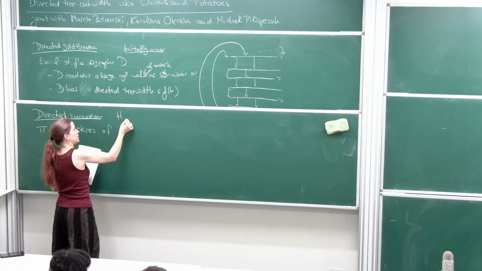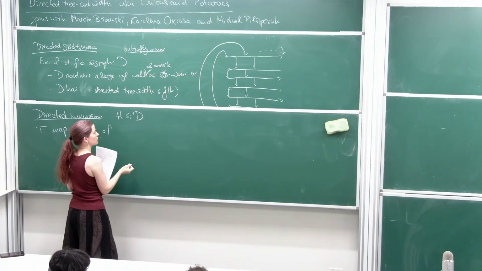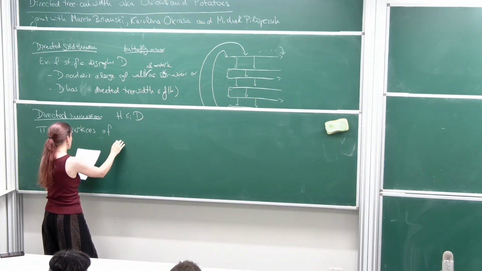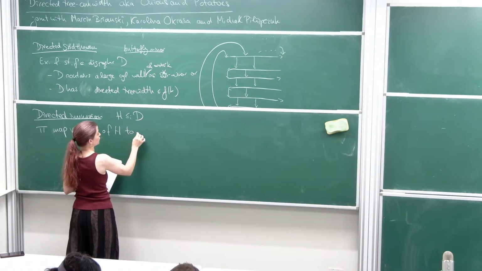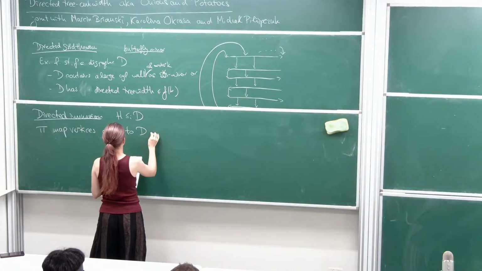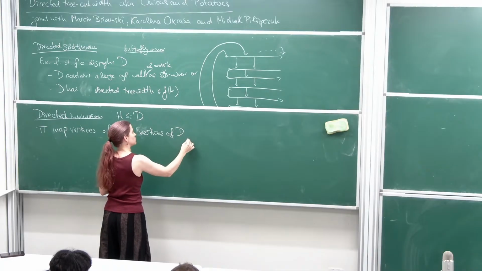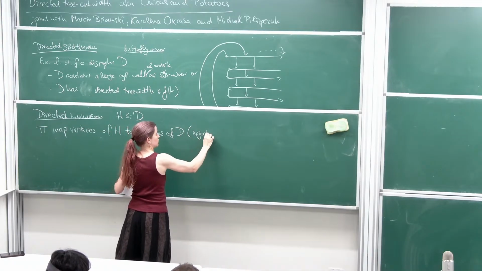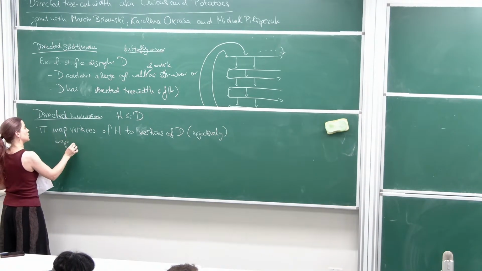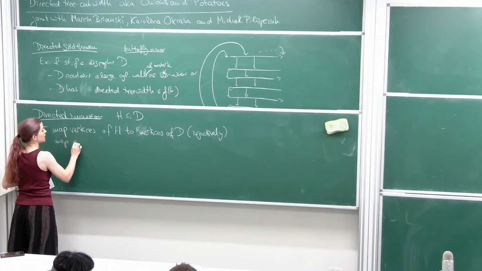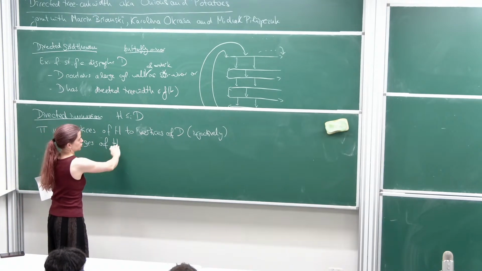We say a graph H is contained as an immersion in the digraph D if I can map the vertices of H to the vertices of D injectively, and also map the edges of H to edge-disjoint paths in D.